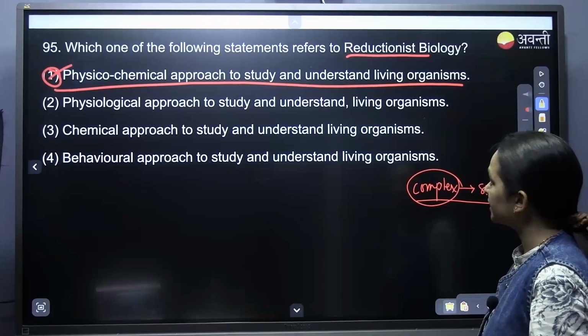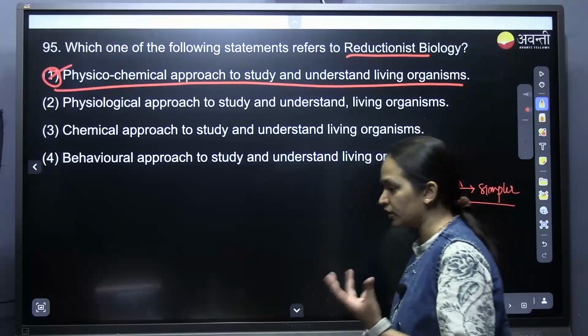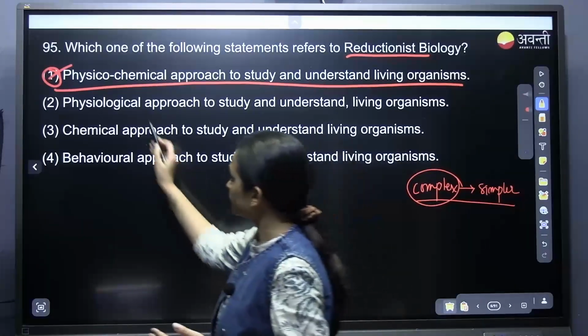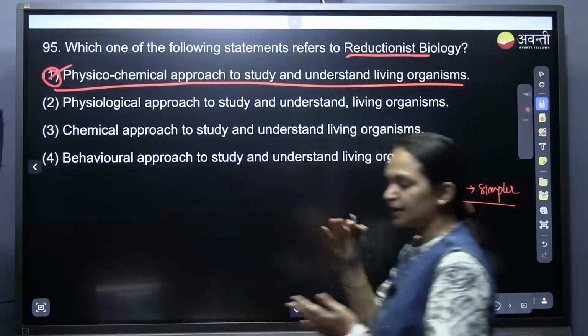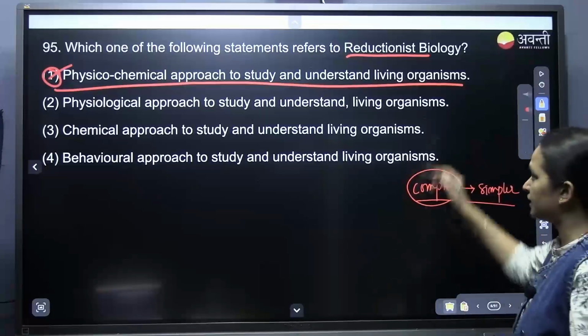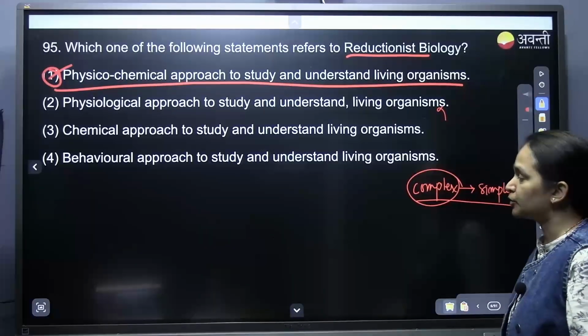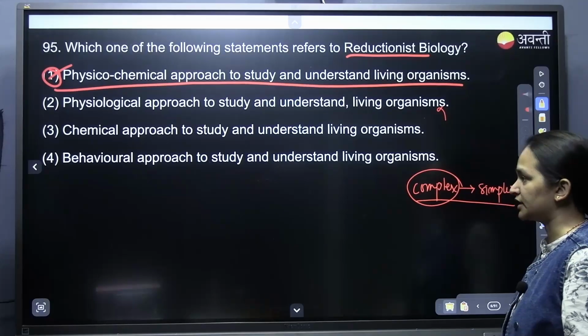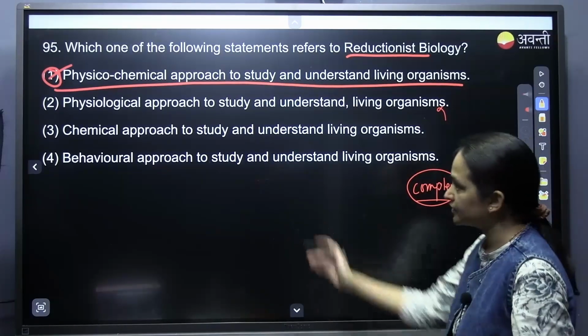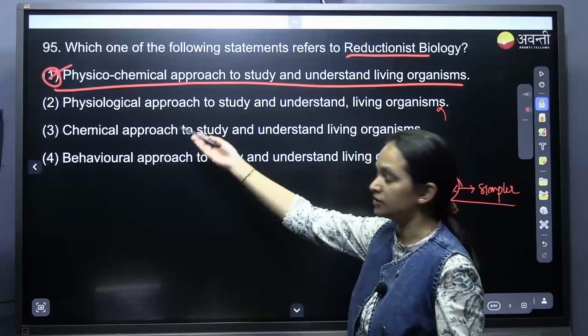A physiological approach to study and understand is more like the organ level, so it is not completely breaking down into simpler things. A chemical approach is partially correct, since we are breaking down the physical things also.